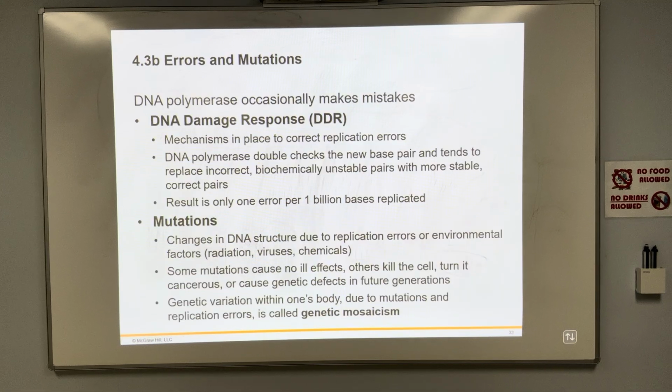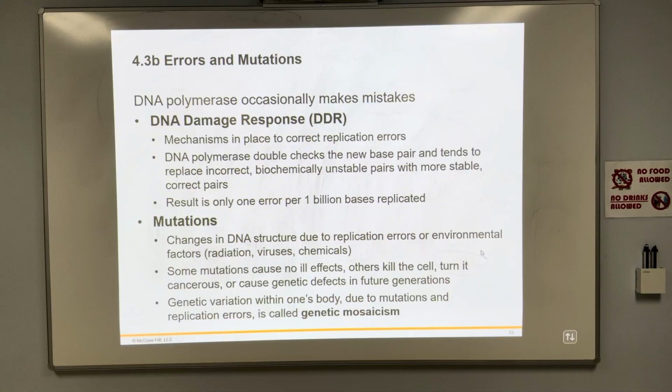When the DNA is damaged, we talked about when proteins are damaged, you have the proteasome that's going to degrade all the misfolded, improperly folded proteins. Also, when the DNA is damaged, we need to replenish it and remove the damaged nucleotides and replace them with better, more healthy nucleotides.